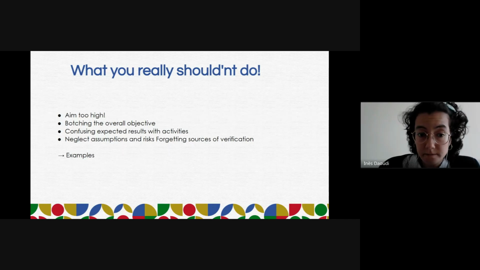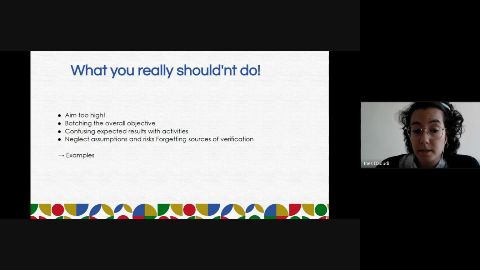How can you do that? By using data collected by the project, for example, number of people trained, number of businesses created, etc. Performance indicators, also numerical values that measure progress towards expected results.